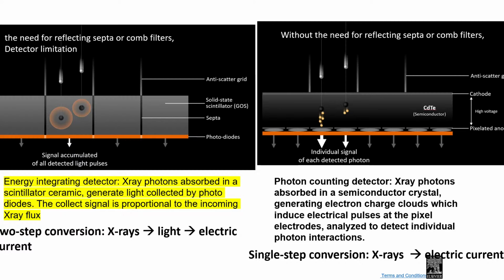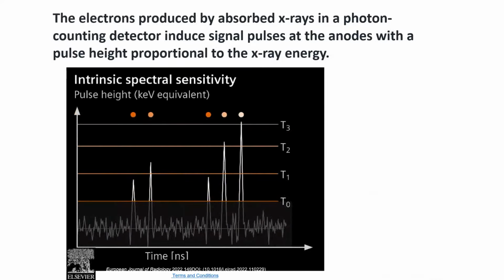The energy of the signal coming from the X-ray source can be detected and differentiated. So you go from X-ray directly into electrical current and bypass the photodiode. Same thing with the new spectral system. That always gives you better spatial resolution and better contrast.